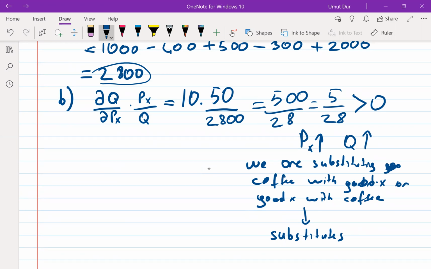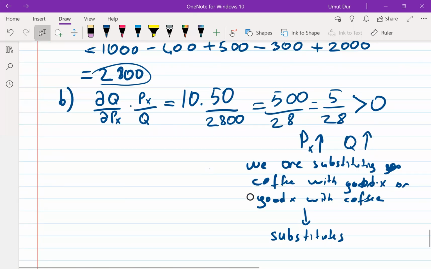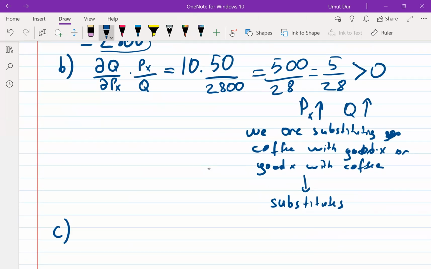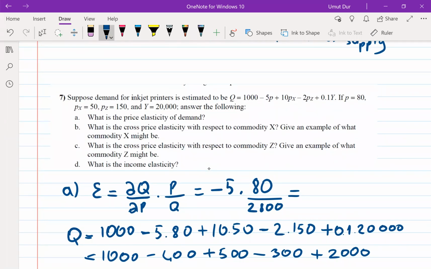Is this clear? Yes, sir. Perfect. Then part C is asking exactly the same thing for good Z. It will be dQ over dPz times Pz over Q. We are looking for the derivative with respect to Pz.